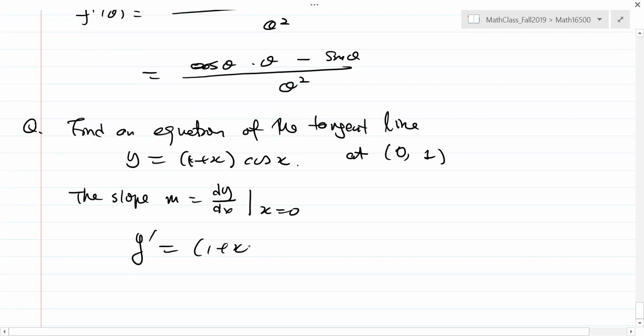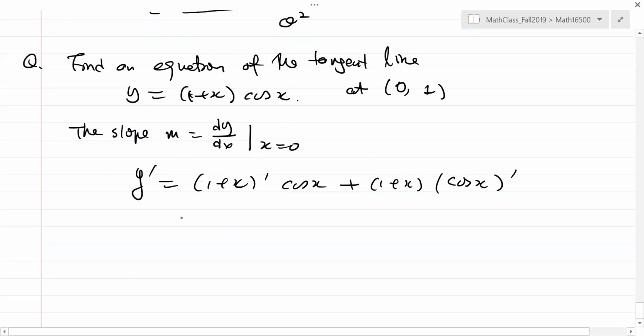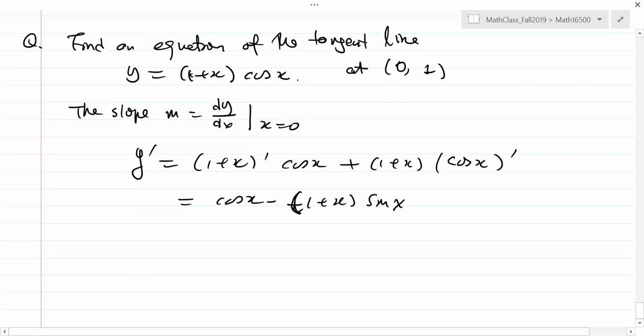So it's 1 plus x prime cosine x, plus 1 plus x cosine x prime. So I get 1 times cosine x, and this should be negative 1 plus x sine x. Okay, so that's the first step.